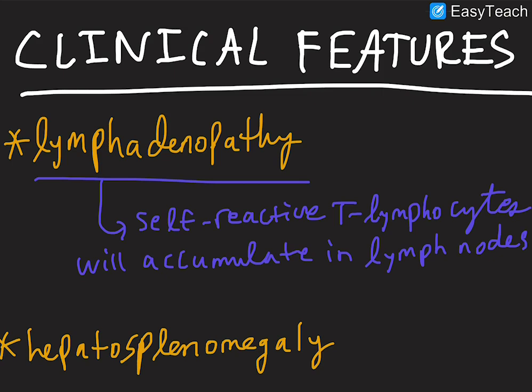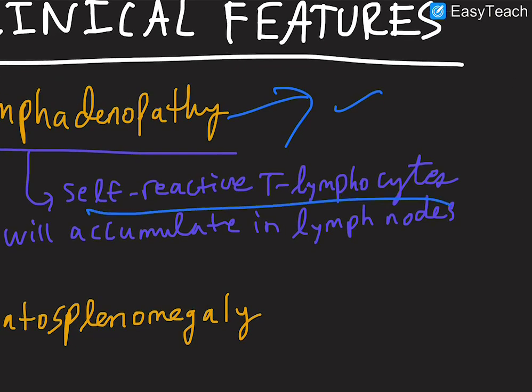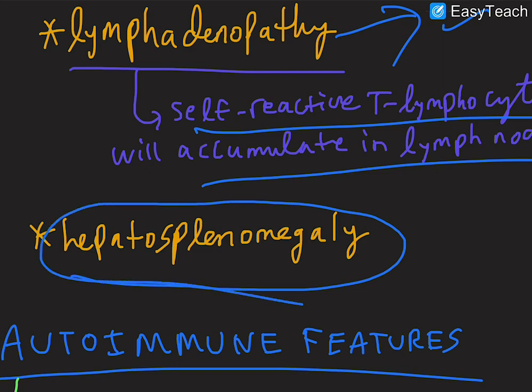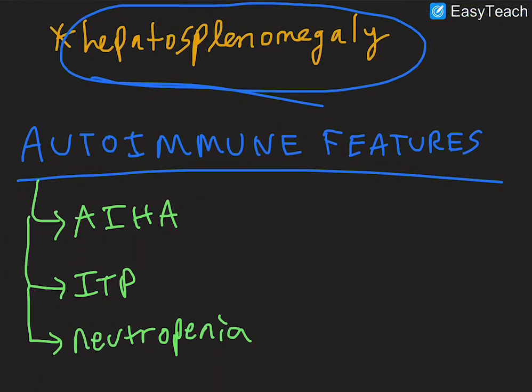So one of the spots that these self-reactive T cells can deposit into is our lymph nodes, which will make our lymph nodes bigger, which is lymphadenopathy, right? These self-reactive T cells that accumulate can also deposit in your liver and spleen, leading to hepatosplenomegaly. Okay, so hopefully those findings make sense.